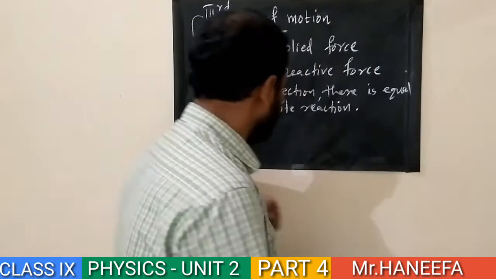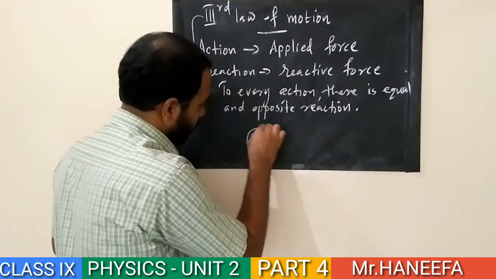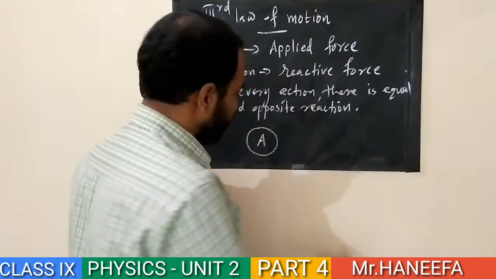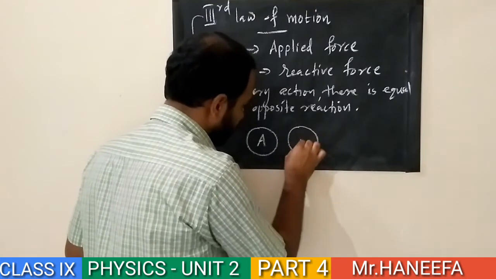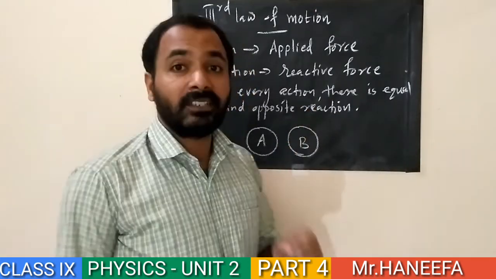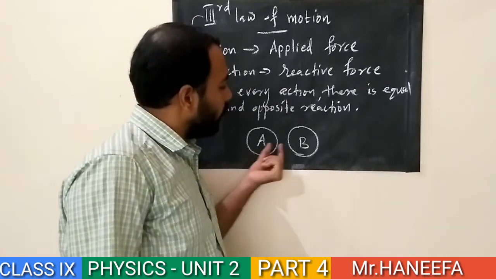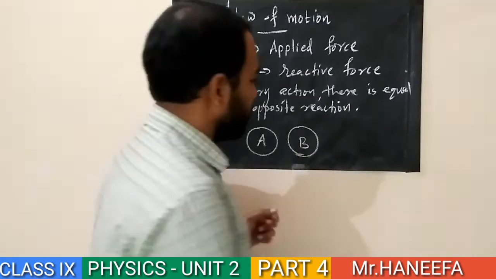For example, consider two objects, object A and object B. When object A collides with object B, what happens?